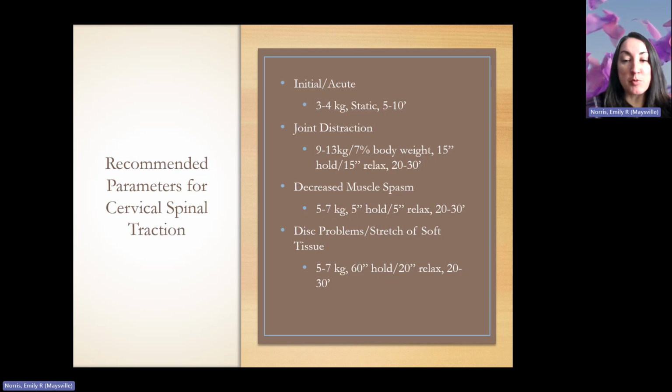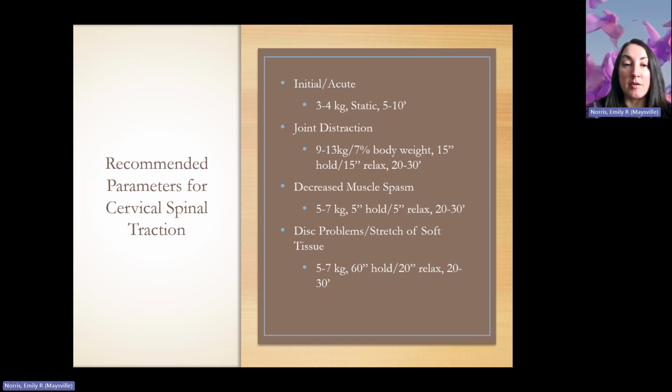And then for the disc problems, 5 to 7 kilograms, and they would have that minute hold, 20-second relax for 20 to 30 minutes. So the hold times and the relax times don't change between lumbar and cervical. The main thing that changes is just the weight.